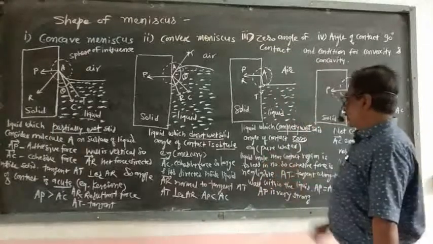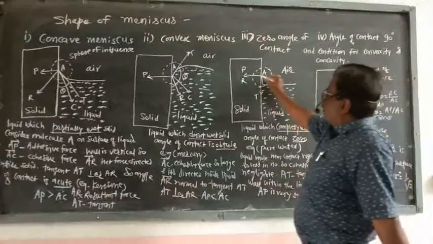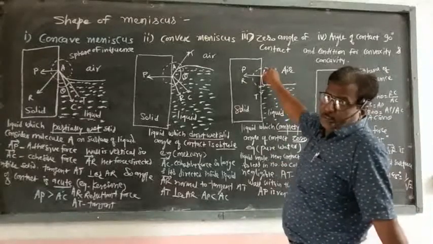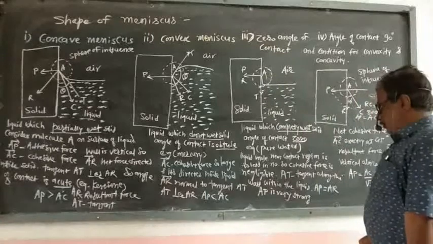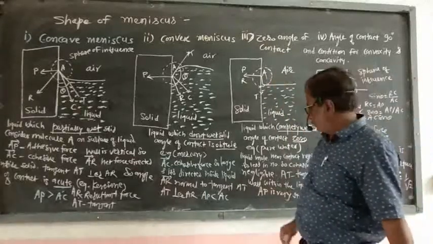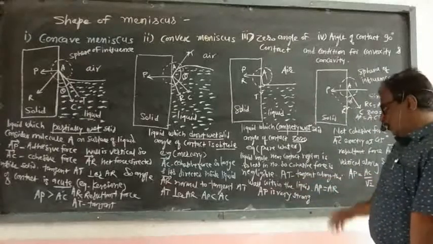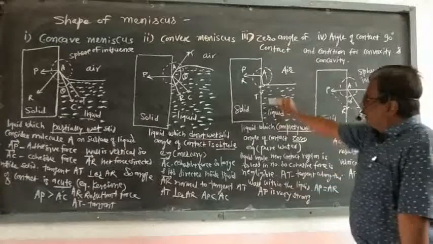Here the liquid molecules near the contact region are so few that the cohesive force is negligible. Therefore AT is a tangent along the wall within the liquid.